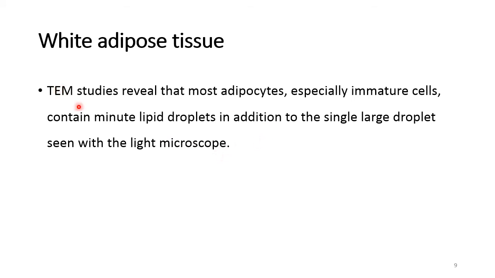Okay, so with the electron microscope we find that most adipocytes, especially immature cells, have very small lipid droplets in addition to the single large lipid droplet seen with a light microscope. They can only be seen by electron microscope, and this is most likely seen especially in immature cells.